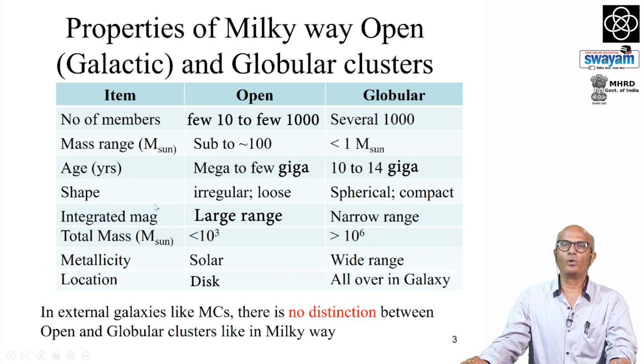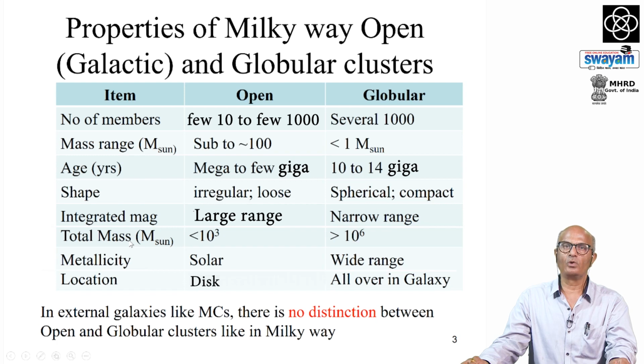If we talk about integrated magnitude, suppose we are not able to resolve a star individually, and we observe, then the magnitude range in the case of galactic open clusters is a wide range, more than 10 magnitude. Contrary to that, in the case of globular clusters, it is a narrow range, only a few magnitude.